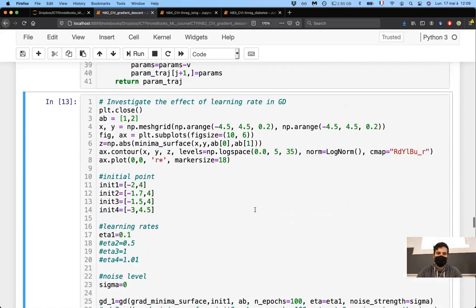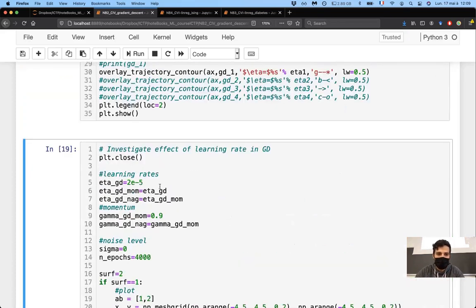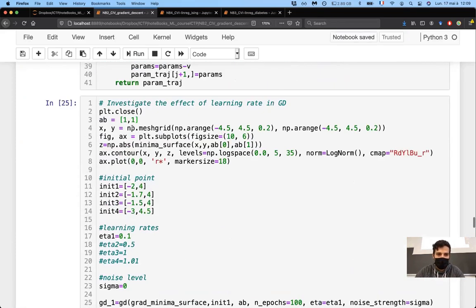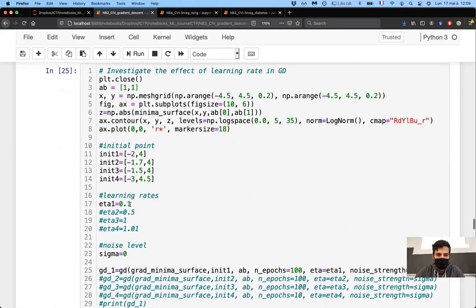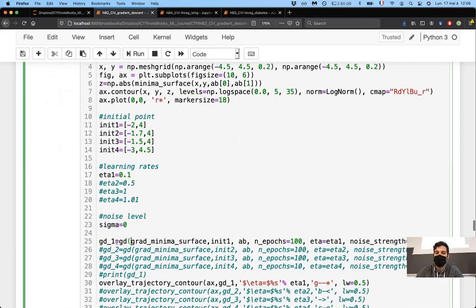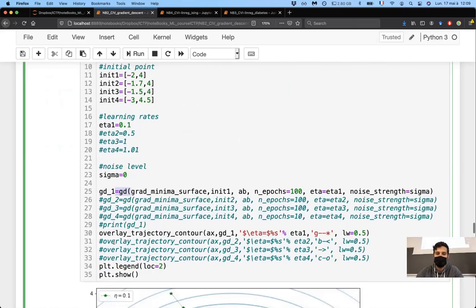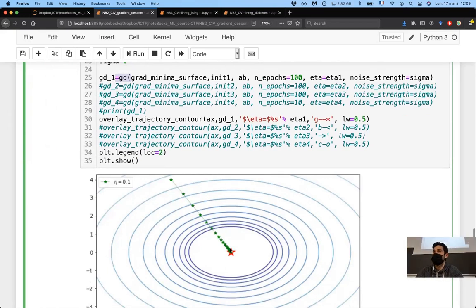So for example, if I take a perfect parabola with the same eccentricity, 1 and 1, and I take the learning rate to be 0.1, I don't have noise, and I'm computing the plain gradient descent, we see something which is not fancy at all. We follow exactly the gradient, and we are reaching the minimum.